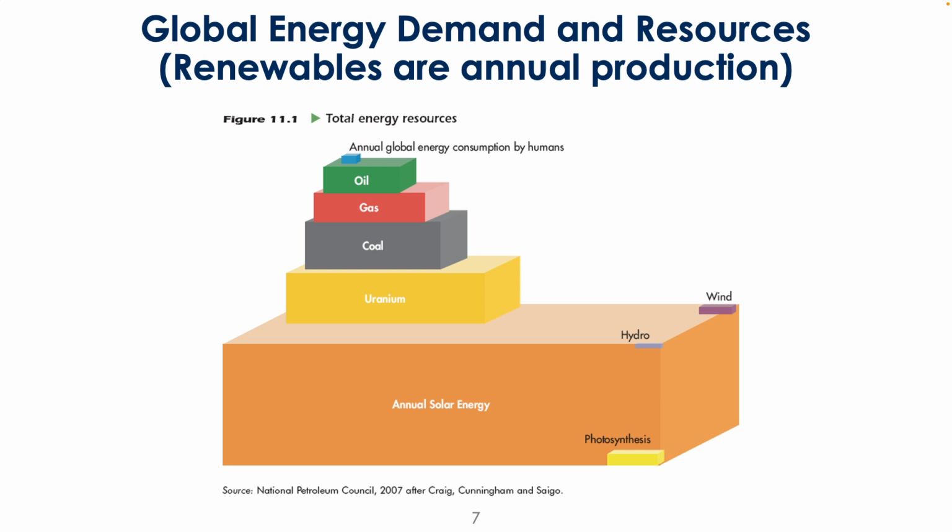So the top four, uranium, coal, gas, oil, is the total amount that exists that could be recoverable. But this bottom solar energy is just what you get in solar flux every year. So this is not a resource limitation in the same way. Not saying that we could use all of that, obviously, but just to give a sense of scale.